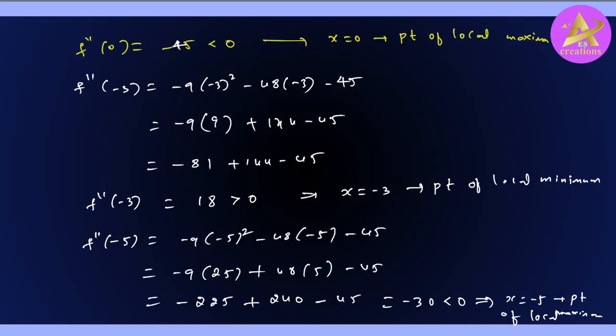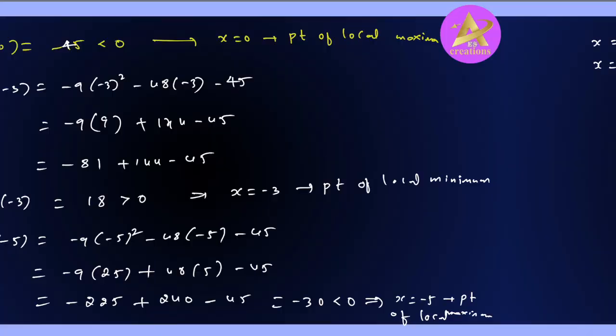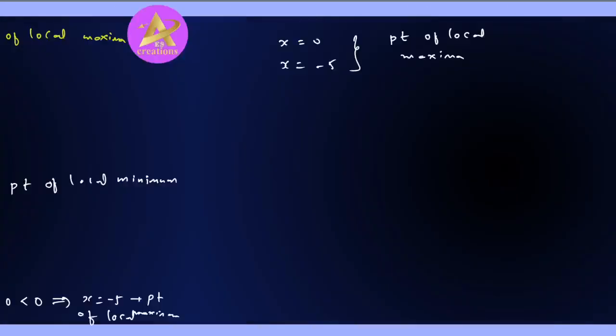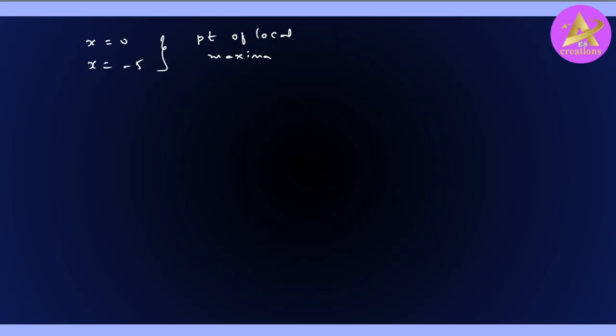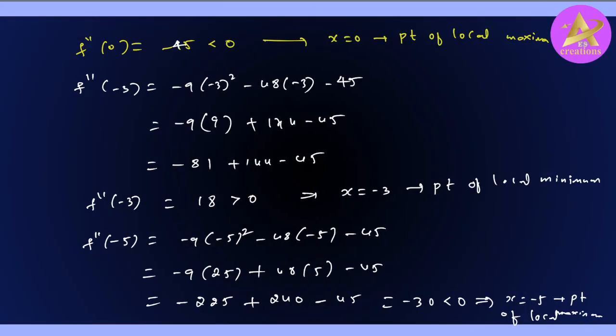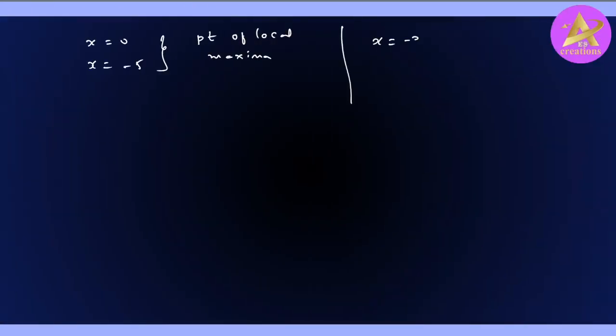Whatever the x values, x equal to 0 and x equal to minus 5 are points of local maxima, and there is only one point, x equal to minus 3, which is the point of local minimum or minima.